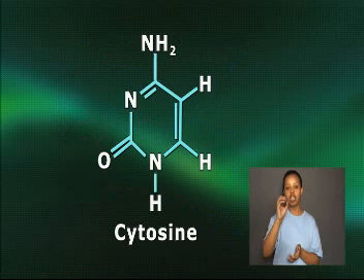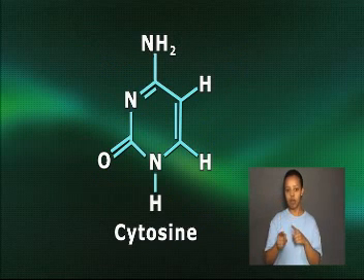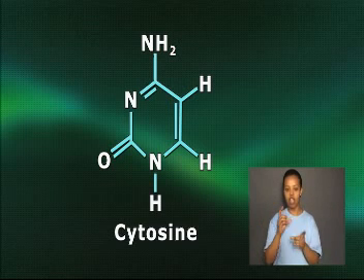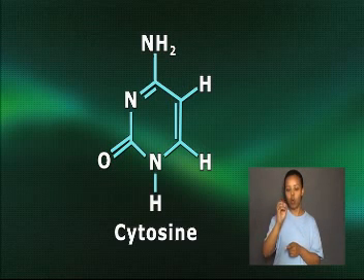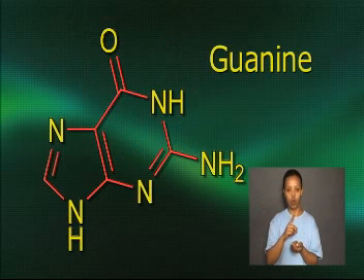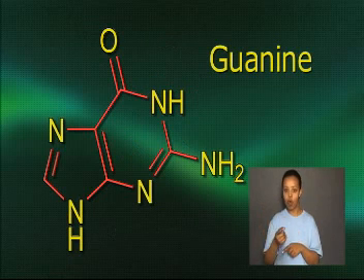Cytosine is a pyrimidine derivative, also an aromatic organic compound that has a heterocyclic aromatic ring and 2 attached groups.